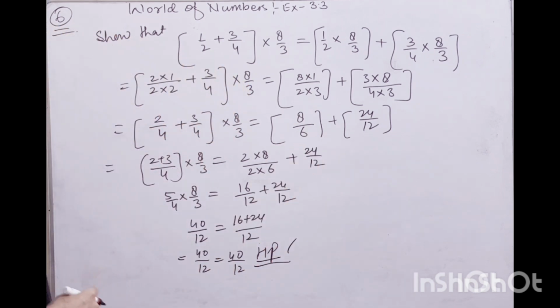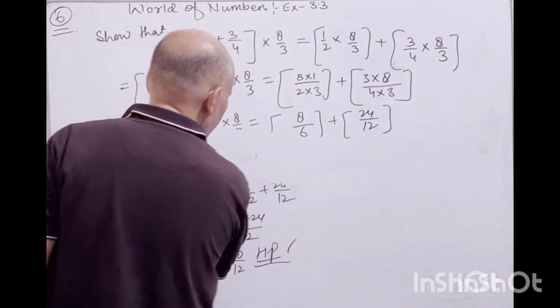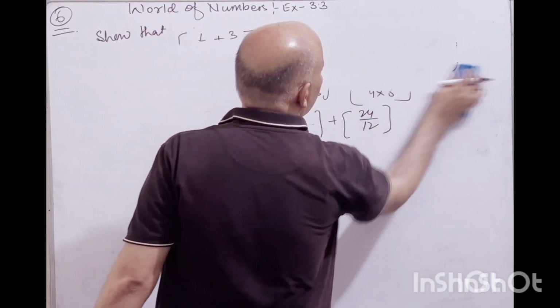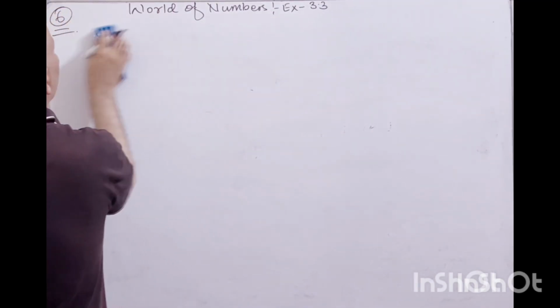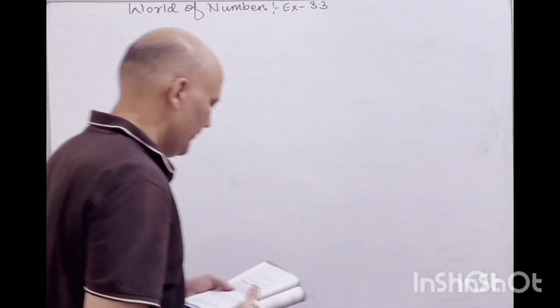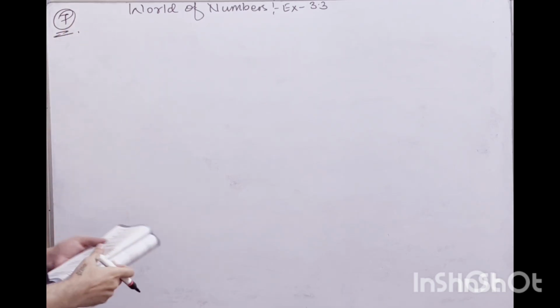So left hand side is equal to right hand side in question number 6. Now we move to question number 7. Now let's see what this question says.